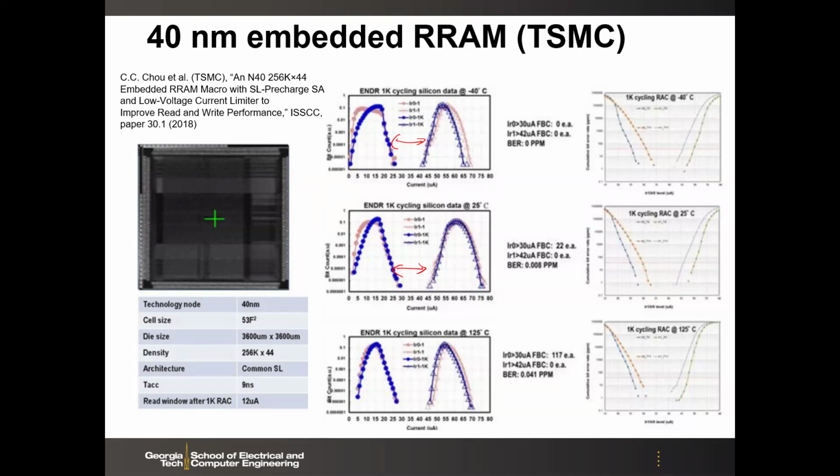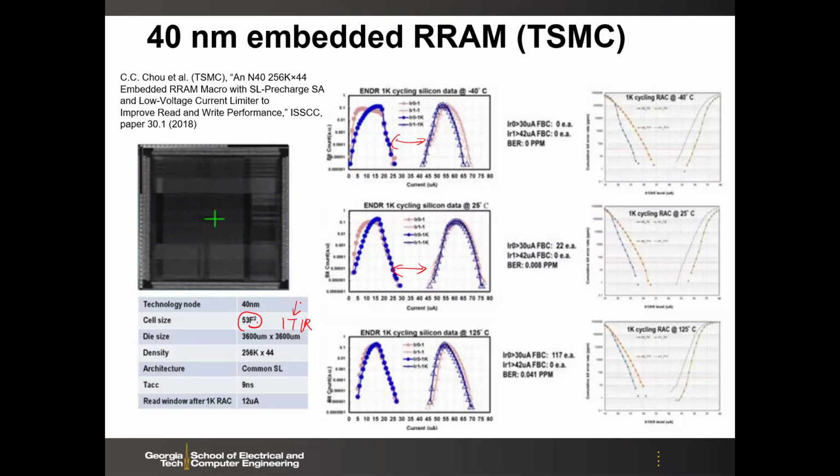Okay. So anyway, here this entire thing works. And then here are some details of the array size. It's a 256 kilobit array. And then the cell size actually is large. The 1T, 1R. Here the T might be large because the current to program the RRAM is kind of large in this particular case.